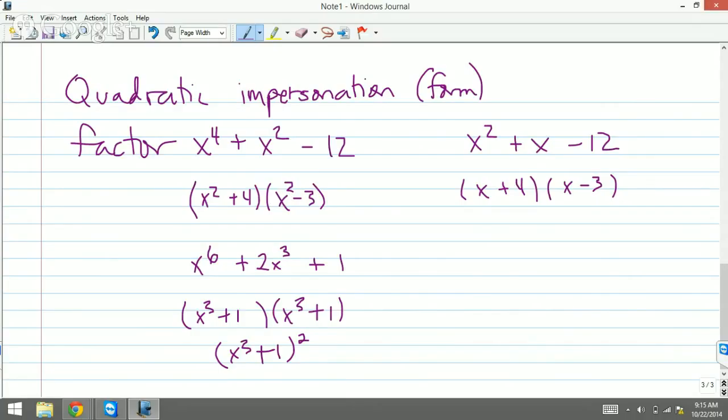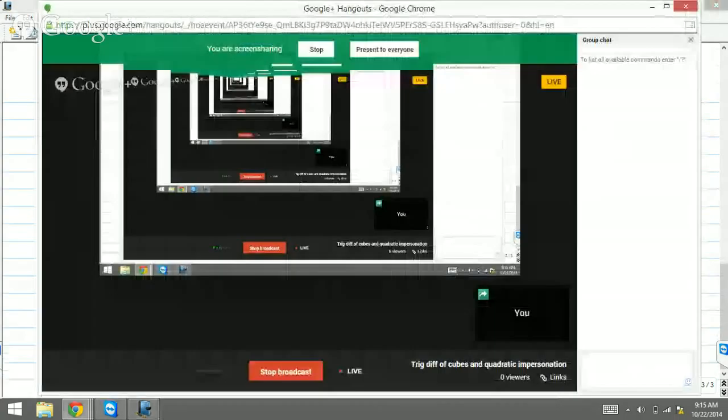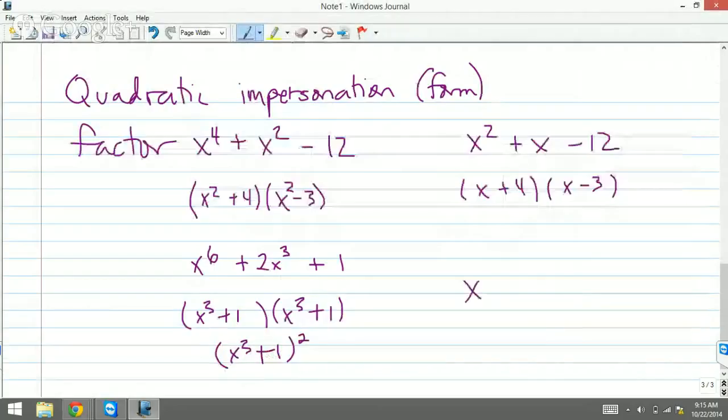What if there's no constant? Right, so number 1 might throw you off a little bit because I didn't show you one like that, but you know how to deal with those. If I gave you that, how would you factor it? No, you can't take a 2 out. You're making this way harder than it needs to be.